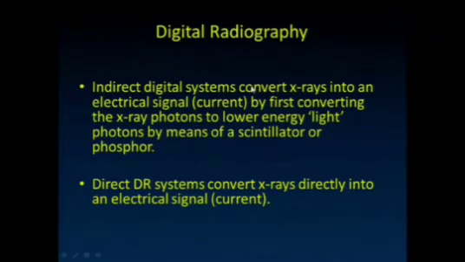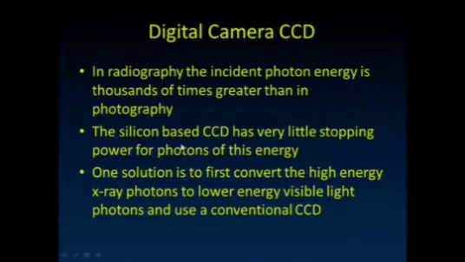In indirect systems, we convert those X-rays into an electronic signal by first converting them to lower energy light photons, right? In direct digital radiography systems, we're going to convert those X-rays directly into an electrical signal or current. Now, some of you probably said, I've got a beautiful CCD camera on my cell phone these days.